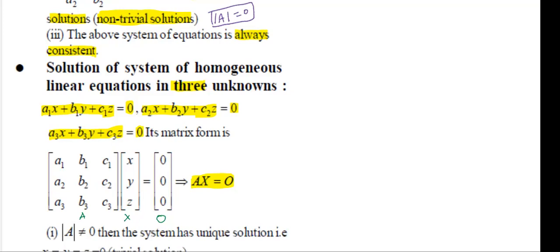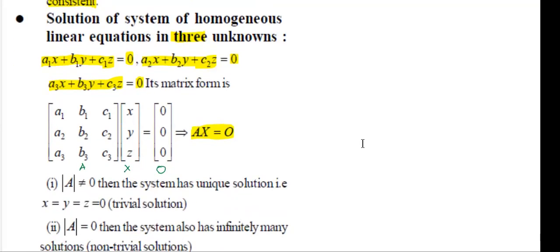Students, have you understood? By observing the coefficient matrix, we can say whether the system has a unique solution or infinitely many solutions. That means whether those are trivial solutions or non-trivial solutions. So here observe that det A is not equal to 0. This is a shortcut formula, remember it.